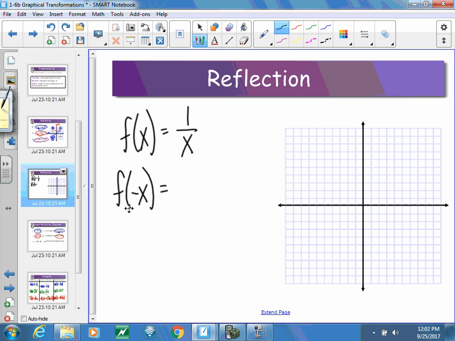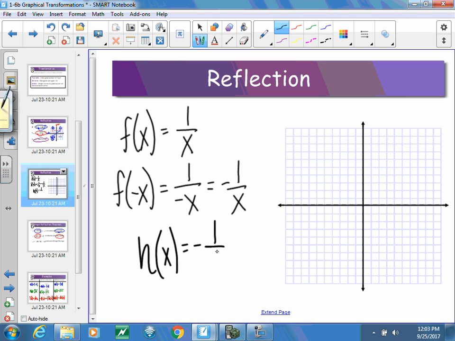So if I evaluate f of negative x, I'd get 1 over negative x, which is the same thing as negative 1 over x. That would be my function. So my new h of x would be negative 1 over x.